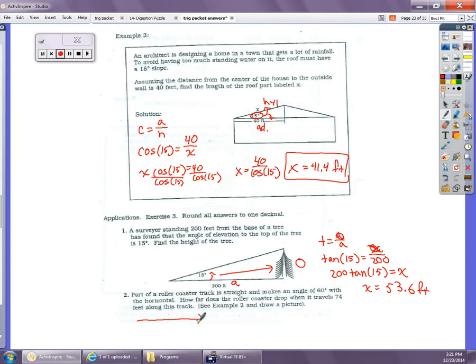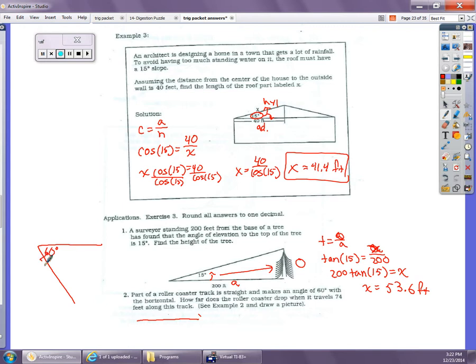It makes an angle of 60 degrees with the horizontal. Since this is dropping, it's going to be going down. I'll draw this picture up here. So that's your 60-degree angle, because it's dropping, it's going down.